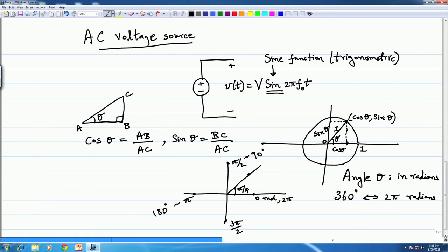And how does that increase happen? It happens in a nice smooth way. And then what happens beyond pi by 2? Beyond pi by 2, sin theta starts decreasing from 1 and it goes to 0 at pi. What happens to cos theta beyond pi by 2? It starts going negative, and at pi cos theta becomes minus 1. Okay. So, all these things are nice and easy to study if you remember the unit circle.